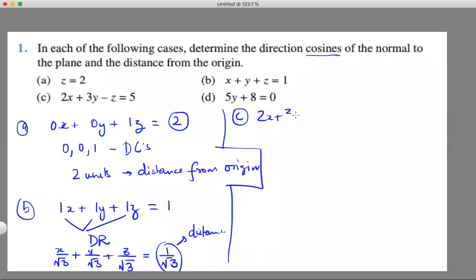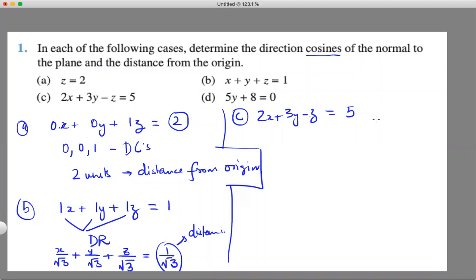2x plus 3y minus z is equal to 5. Again, the normal form, but clearly we know that the modulus is not one of these three coefficients, right? So what will we do? We will find the modulus. 2 square plus 3 square is 13 plus 1 square is 14, right? So under root 14.